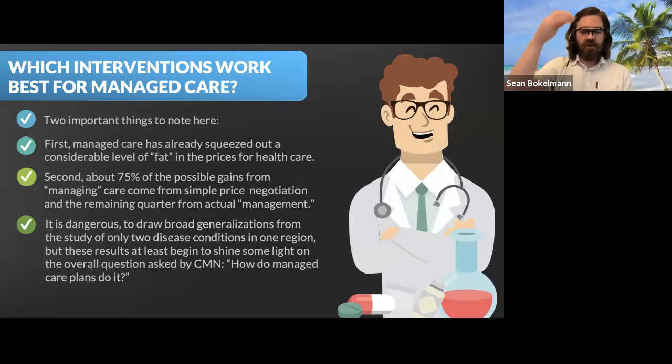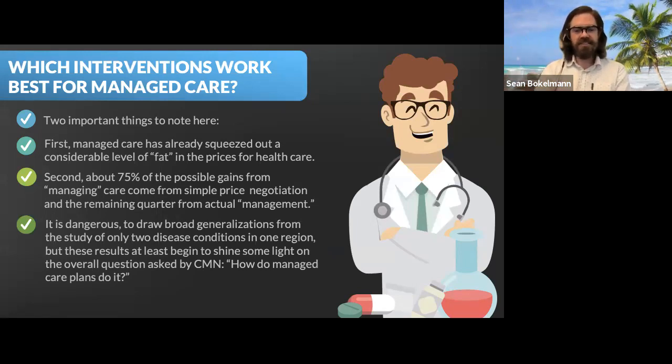So there's a couple important things to note from this study, or I guess just overall, in fact, not just from this study, but overall. The first thing to note is that managed care has actually squeezed out a considerable level of fat, right? Cutting the fat in the prices for healthcare. And a lot of that comes from the price negotiation.